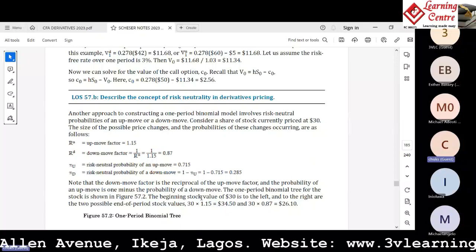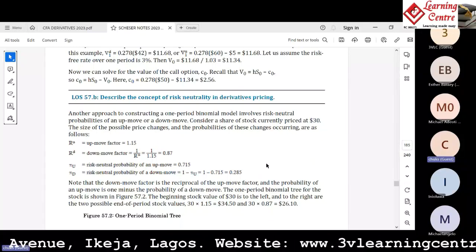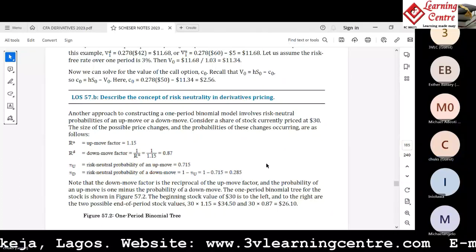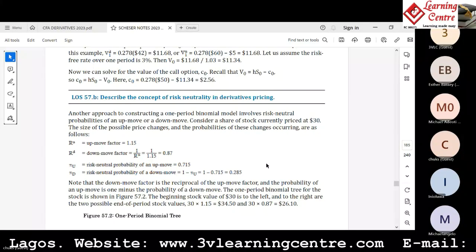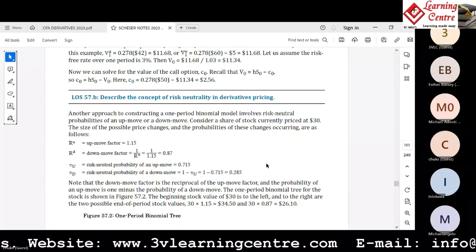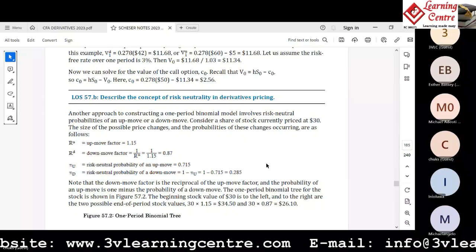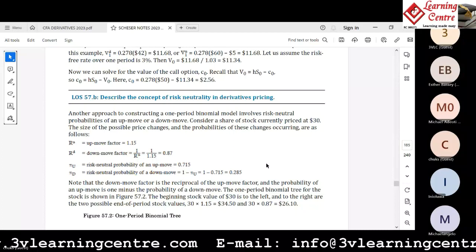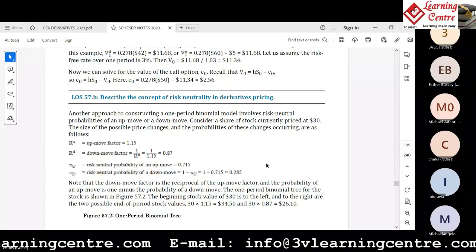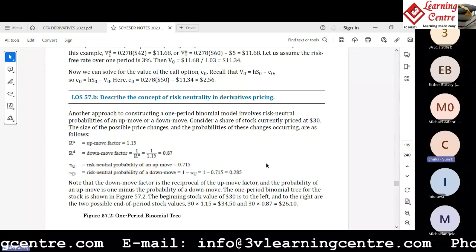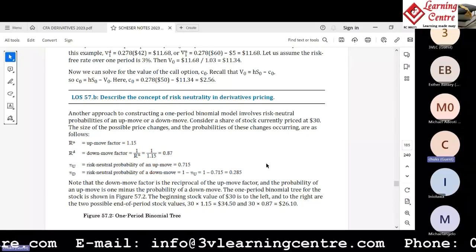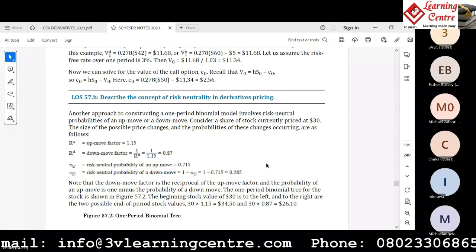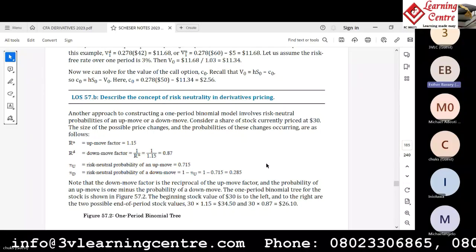So if the stock starts at 30, if we do 30 times 1.15, what do we have? 34.5. Good, we have 34.5. Then if we do 30 times 0.87, 26.1.